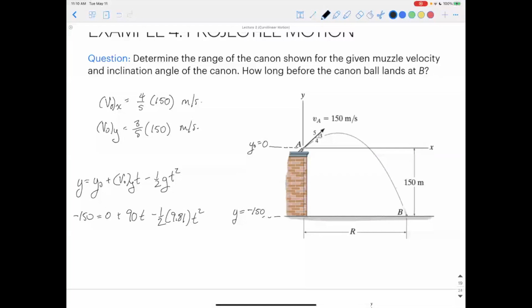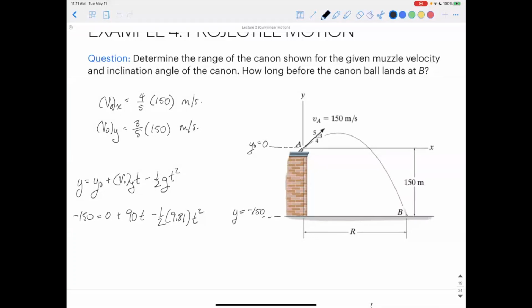If we solve for t, so if we solve this equation right here, we have a quadratic equation with t and t squared, and we should get two values for t. One of them is the one we're looking for, when the ball lands at point B. The other one is going to be some negative amount of time.